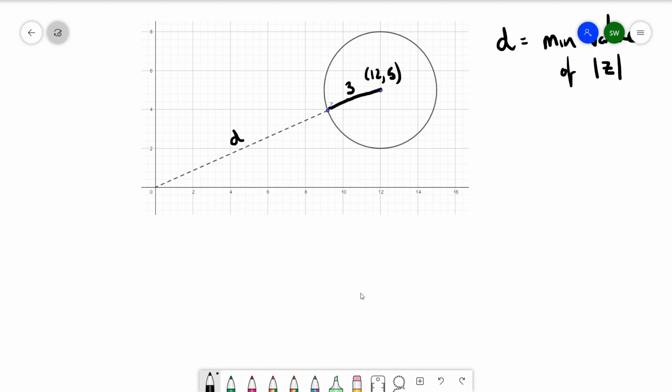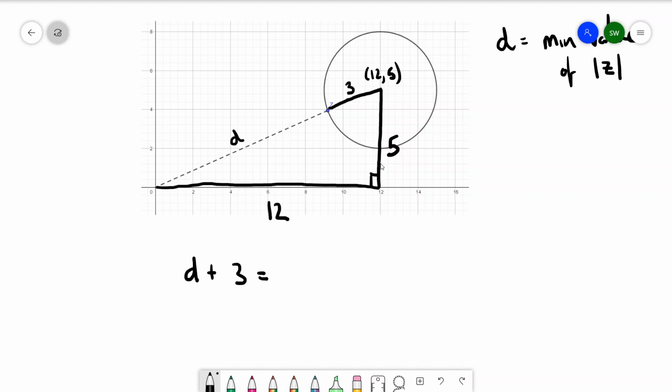So you might be able to see that we can do a bit of problem solving here. We can draw in this right angled triangle, and we can work out what the hypotenuse of this right angled triangle is. We know that d plus 3 is equal to the hypotenuse, but we know that the vertical length on this right angled triangle is 5 and the horizontal length is 12.